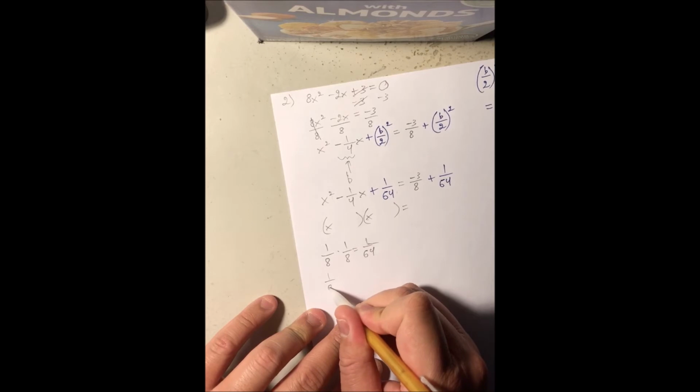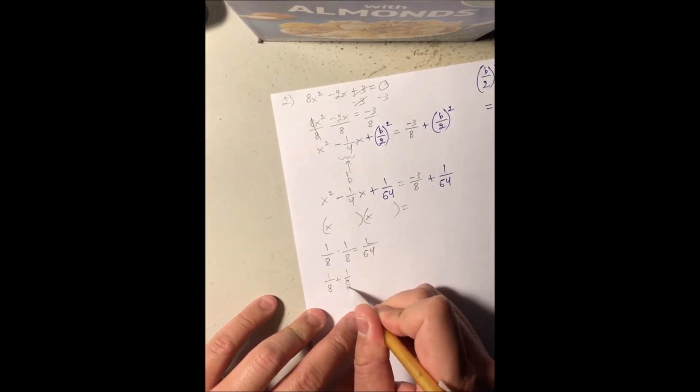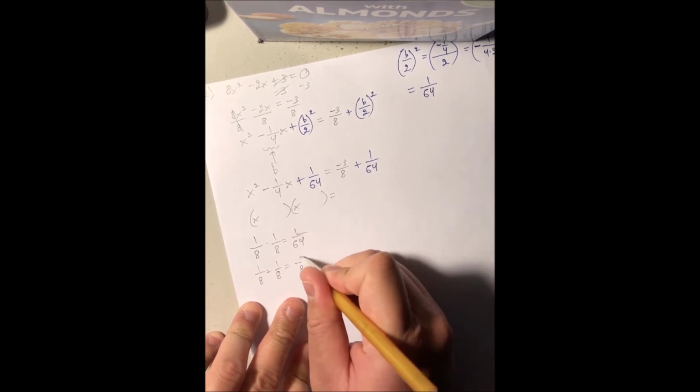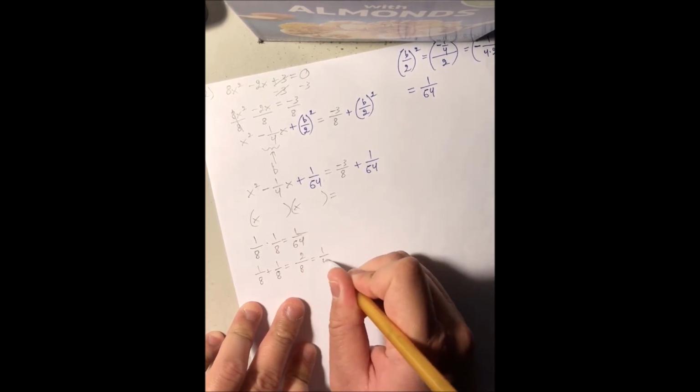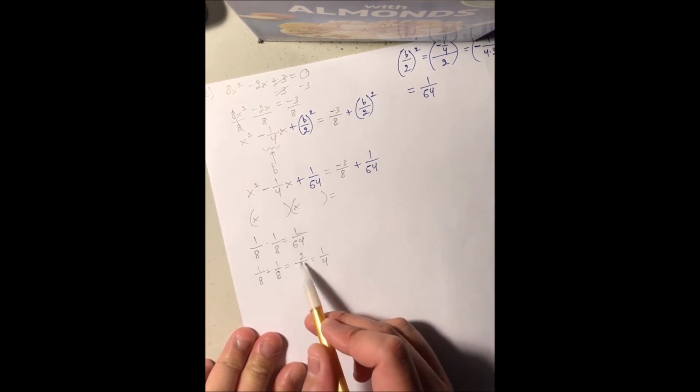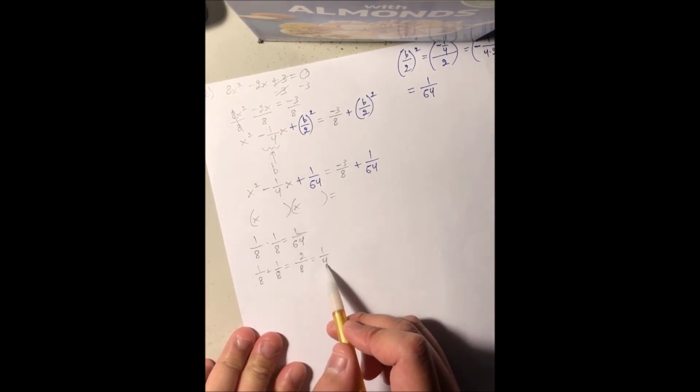When I add these two, that is 2 over 8, which is 1 over 4. So common denominators, keep it. Add the numerators. 2 divided by 8 can be simplified to 1 over 4.